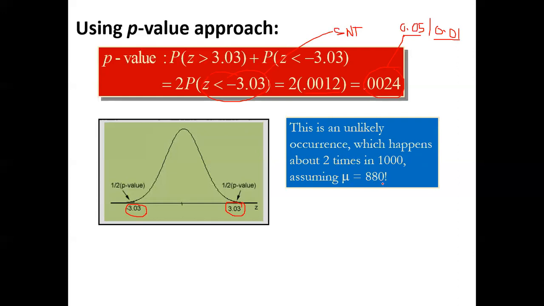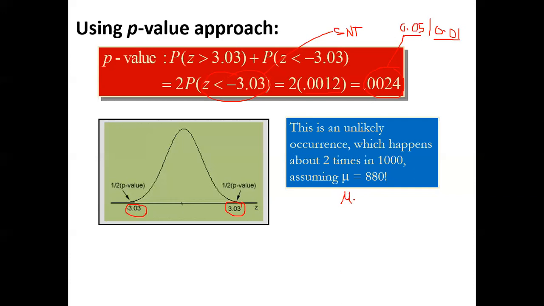So it is stated here that it is not possible that mu equals 880, because we have rejected the null hypothesis.